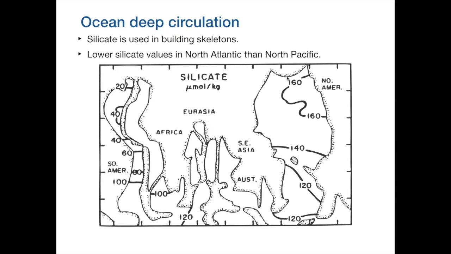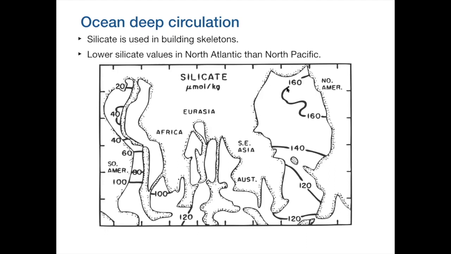So this is the Pacific Basin. And the contours here are the concentrations of silicate in the bottom waters. So you'll see that they start in the North Atlantic around 20, 40, 60, 80. By the time you get to the Southern Ocean, 120-ish. And then as you move up towards the North Pacific, they increase to 160.